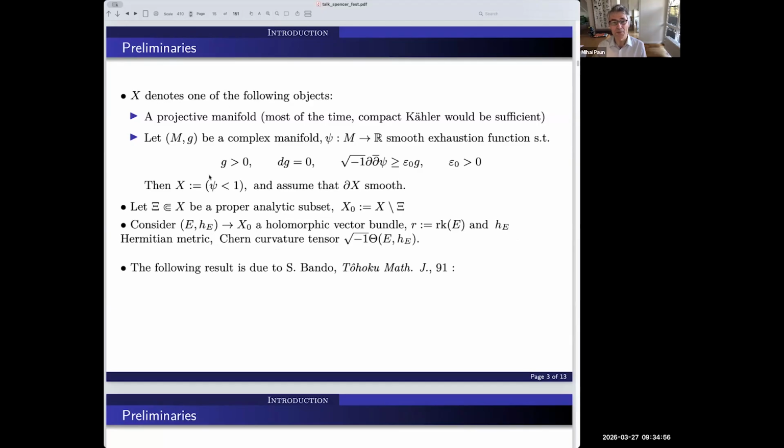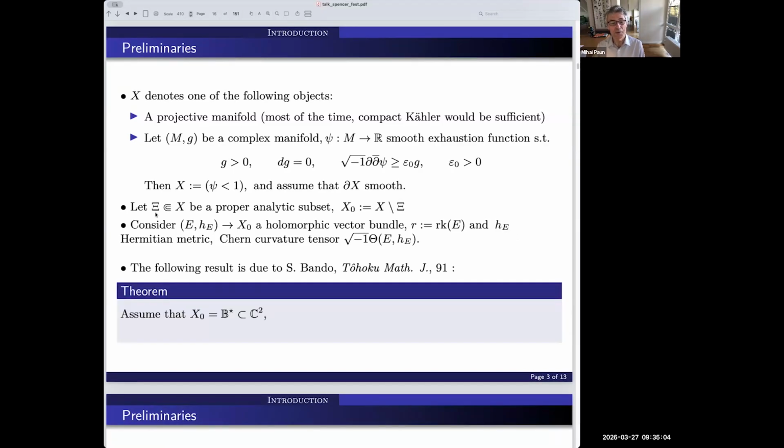Now, the motivation for what you'll see is the result proved by Bando some time ago, stating the following. We have this very simple setting: X0 is simply the pointed ball in C². Assume that this metric here is smooth on the pointed ball, but also that the curvature is square integrable, right?